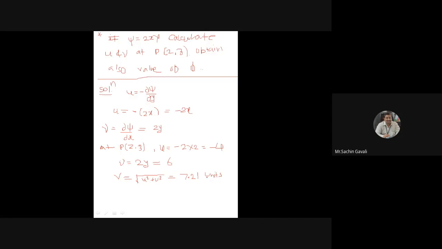Now, similarly, in the previous to previous numerical, what we have done? They have given the function for phi, and they asked us psi. Now here they have given psi, they asked for phi.